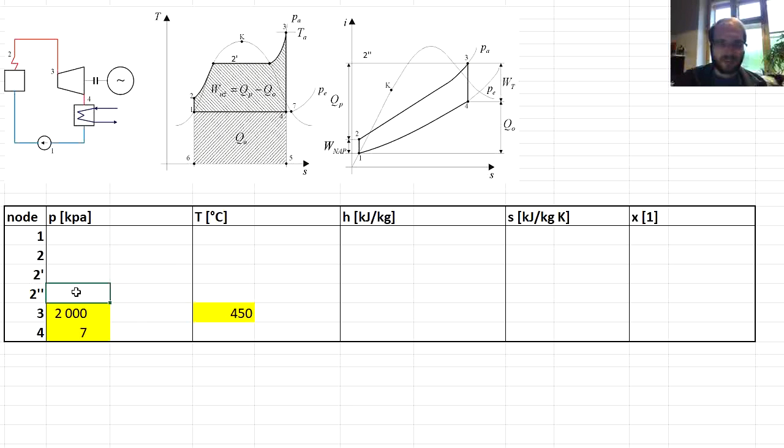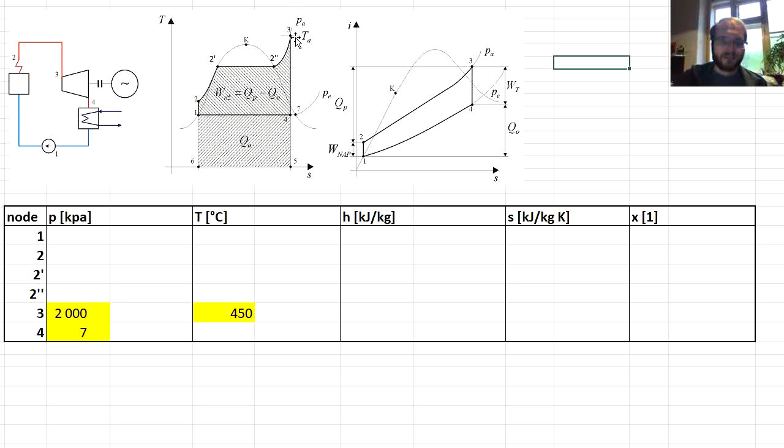So before we get to using the enthalpy entropy diagram, we can directly get some of the other parameters. Because we assumed no pressure losses in the system, the pressure at point 3 will be the same as the pressure at point 2, or the intermediate pressures in the saturated liquid state, 2', or 2" at the saturated vapor state.